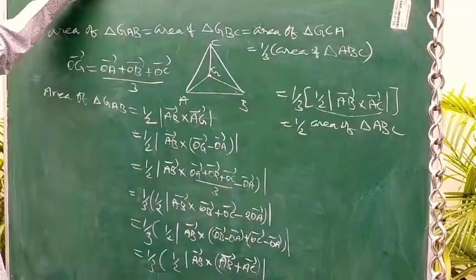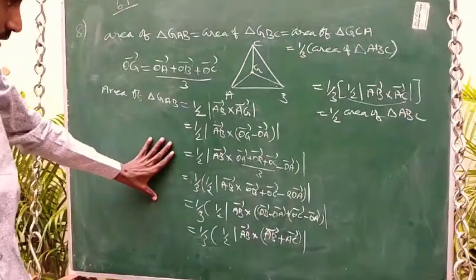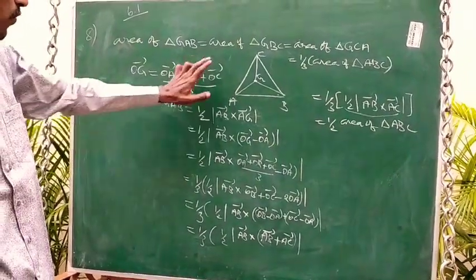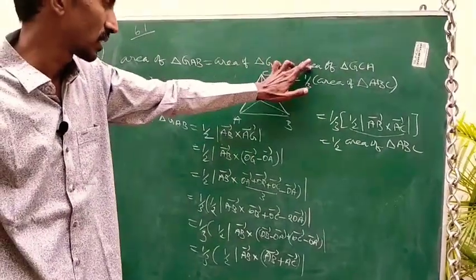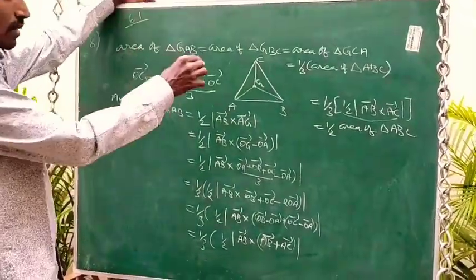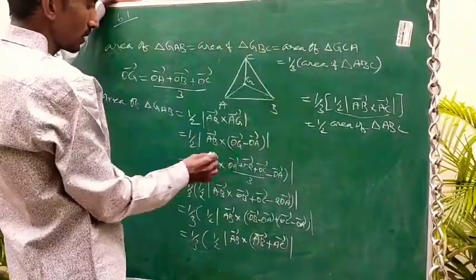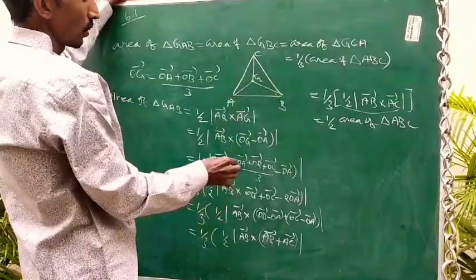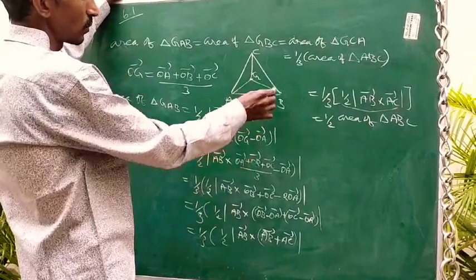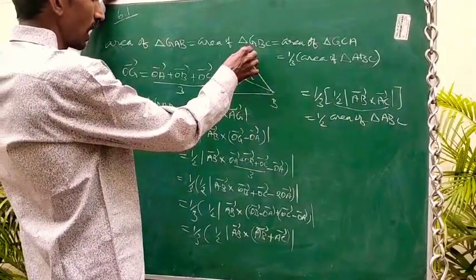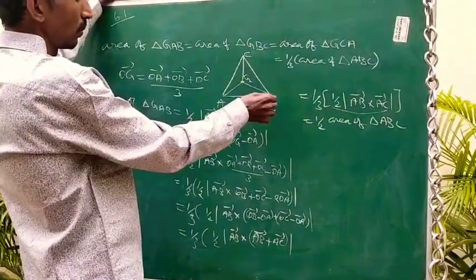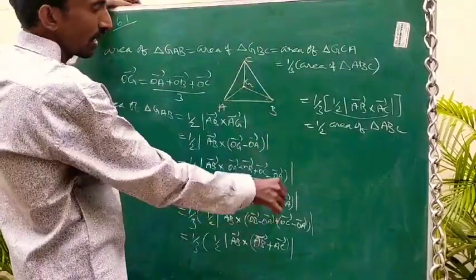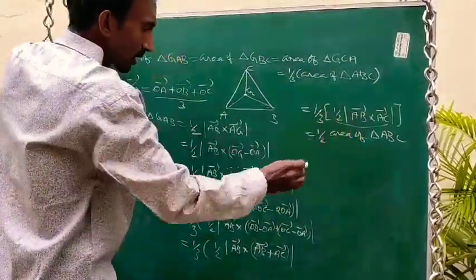Similarly, the same proof works for the second and third one. For example, for CGB you can take this triangle CGB; the area means BC cross GC, the same kind of proof, we are getting the same result.